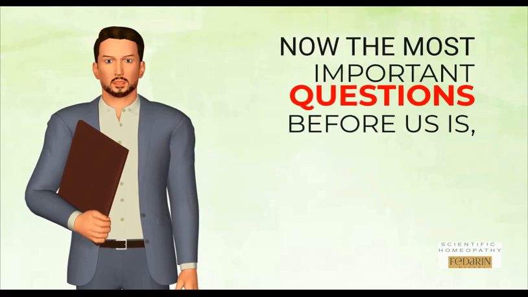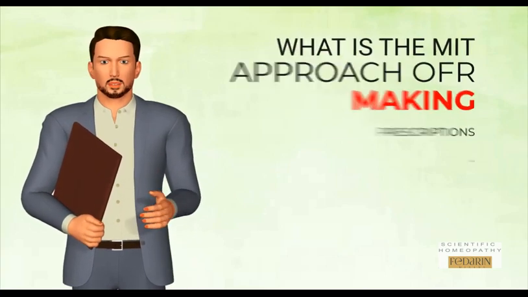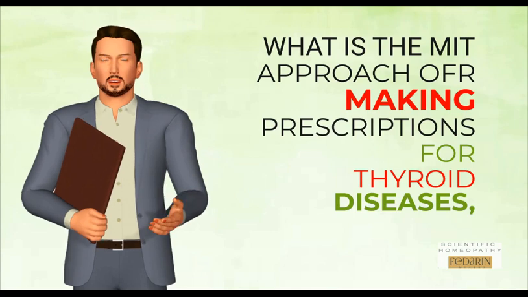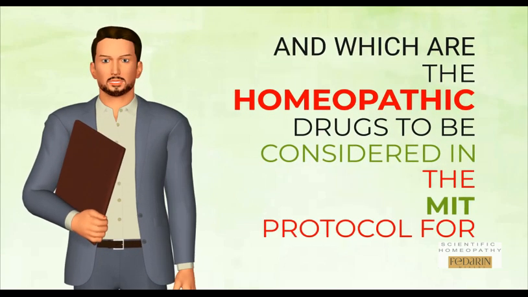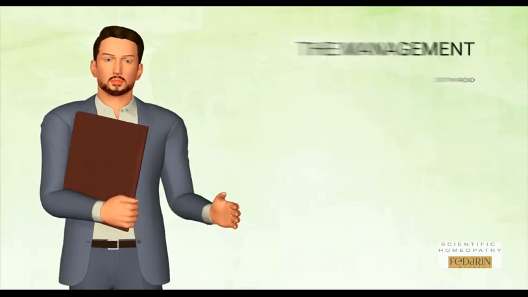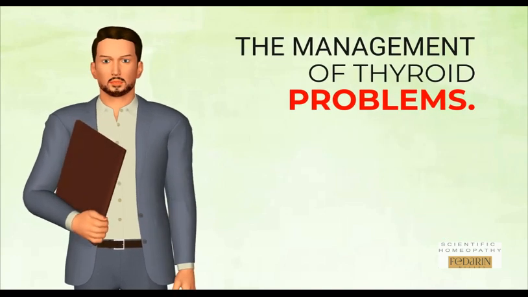Now the most important question before us is, what is the MIT approach for making prescriptions for thyroid diseases, and which are the homeopathic drugs to be considered in the MIT protocol for the management of thyroid problems?